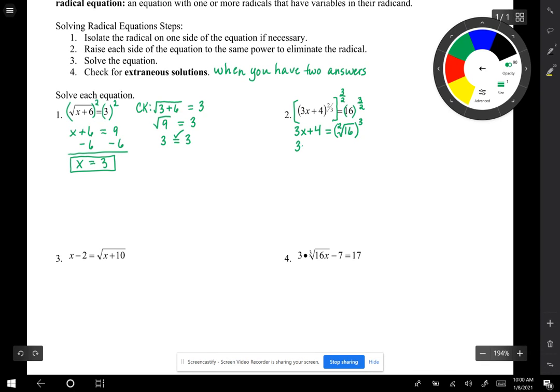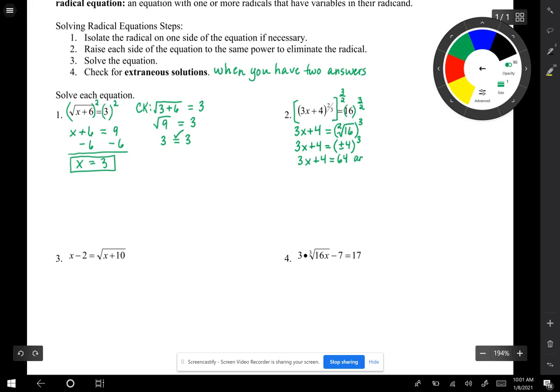So you have 3x plus 4. The square root of 16 can be a positive or negative 4. So I will put plus or minus 4 raised to the 3rd power. So we have 3x plus 4 equals 64.